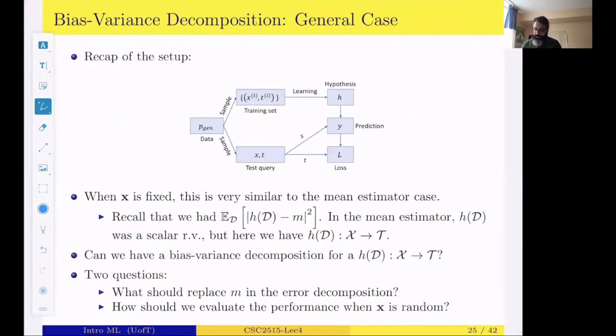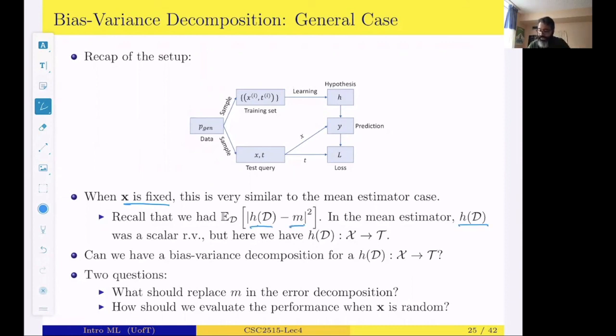So this recap is just going over what I said a few times. When x is fixed, this is very similar to the mean estimation problem, but for the regression estimator. Recall that in the previous case, half an hour ago, we were talking about the expectation of h of t minus m, squared.